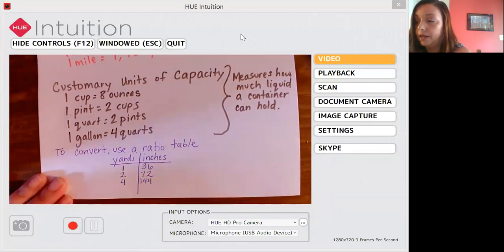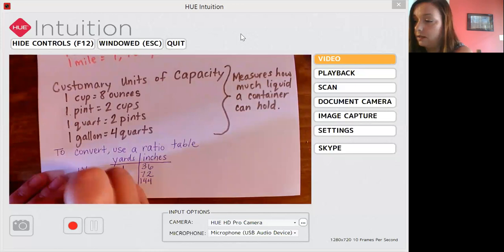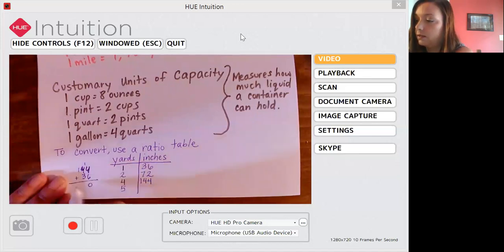Now I can go with 5 yards. If I want to know 5 yards, then I would add 36 inches, because in one more yard there are 36, to the 144. So 144 plus 36, 4 plus 6 is 10, 4 plus 1 plus 3 would give me 8, and then 1, so it would be 180 inches.